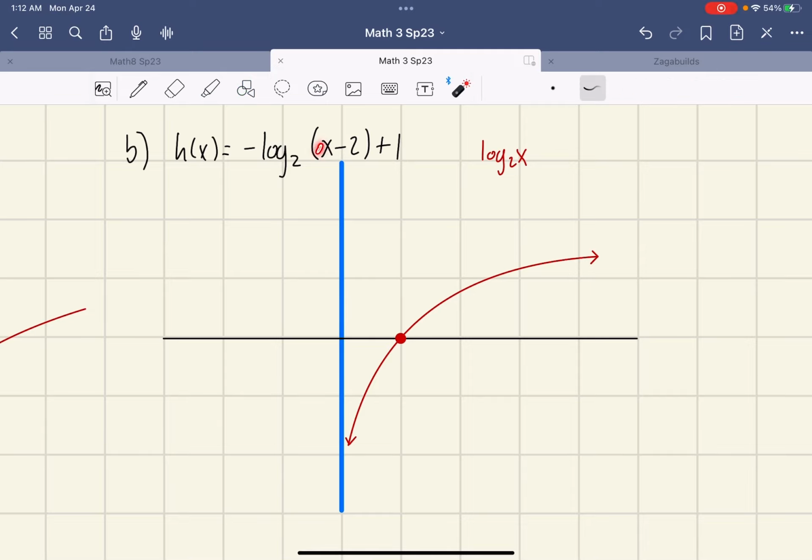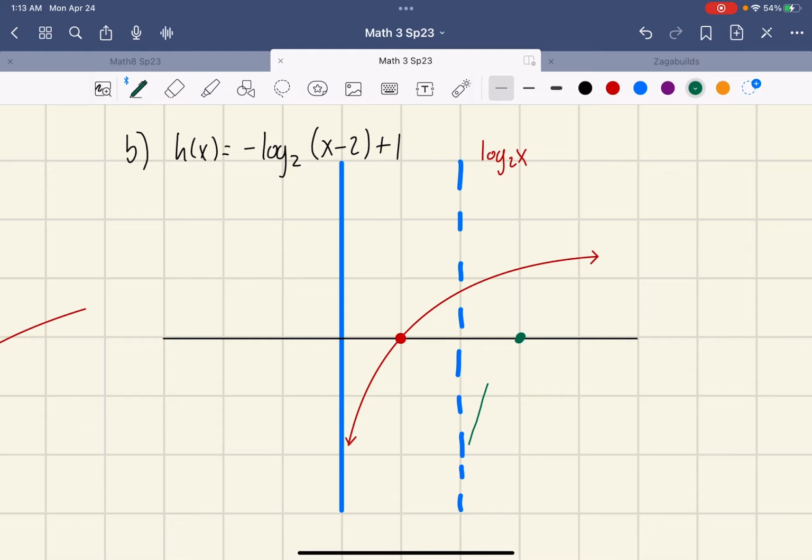There's no coefficient here to stretch this lower, or stretch it higher, or shrink it. But there's this -2 that has to move the graph over to the right by 2. Remember, you have to make sure you're shifting your vertical asymptote as well. This then causes the graph to shift 2 units to the right as well.